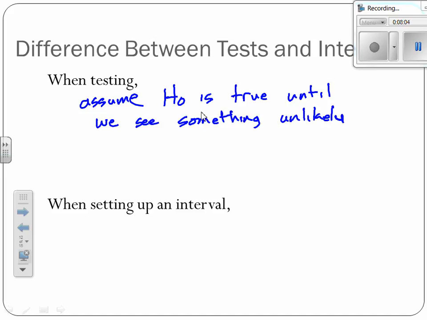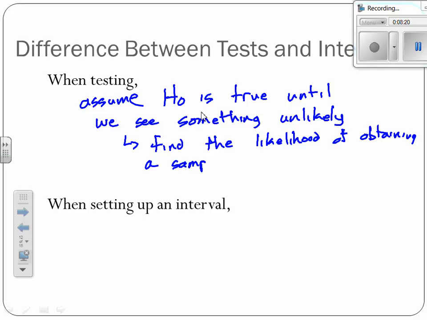And where we see something unlikely, what we're going to do is we find the likelihood of obtaining a sample assuming H0 is true. And that's what a p-value is.